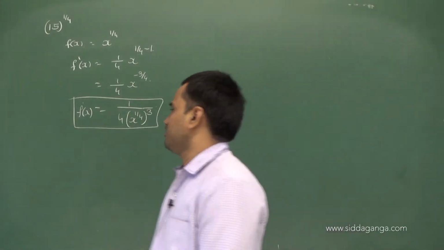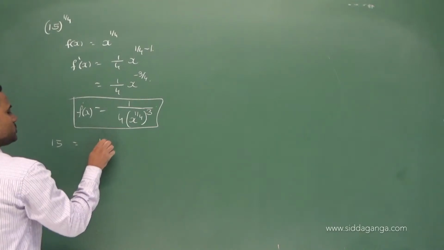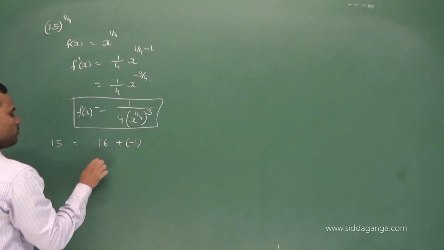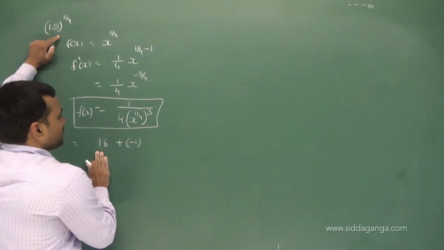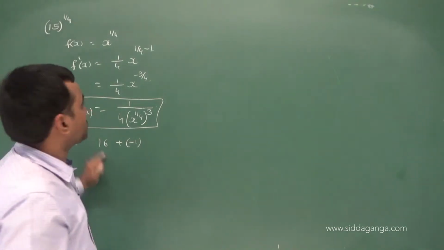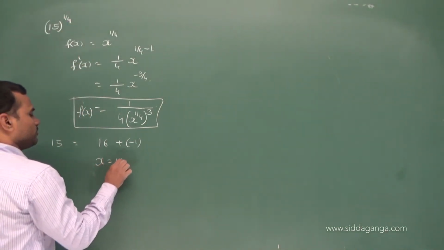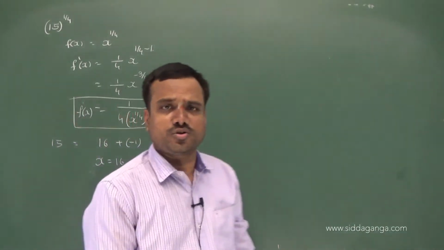Understand? Yes. 15 we can split into 16 plus minus 1. 2 to the power 4 is what? 16. Because we want a perfect fourth power number, because the fourth root is present. X is equal to 16.